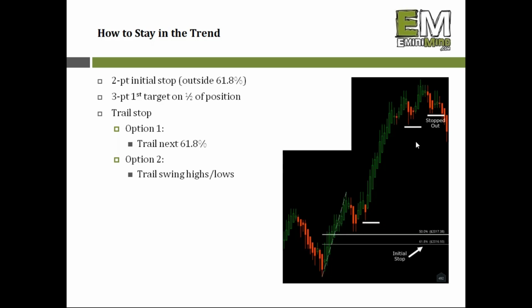I can move my stop underneath that next swing low and continue to do that until we come down and break, what do you know, a swing low where we have a potential trend change. And so that's pretty much the best way I've found to manage positions in a hands-off way, but very structured.